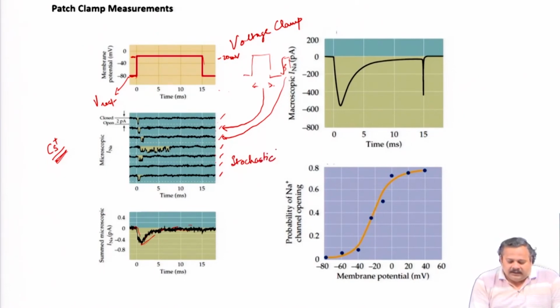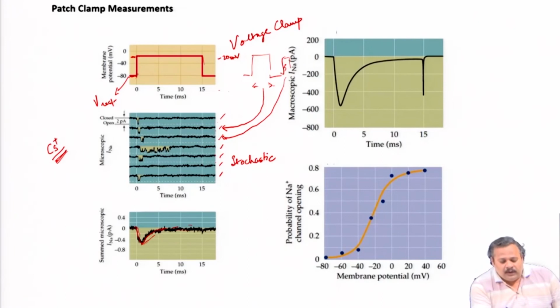And the other thing is, if you note, the sodium current, if you assume that it is the sodium current, for now we will be assuming that, then the current actually drops and then goes back up and goes back to 0, that is to the no sodium current situation.